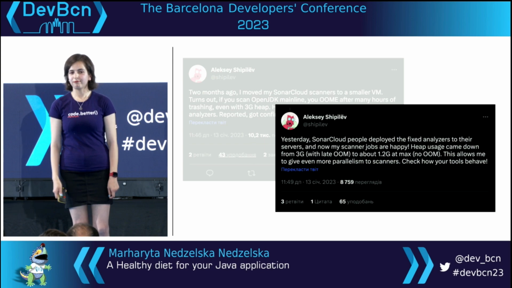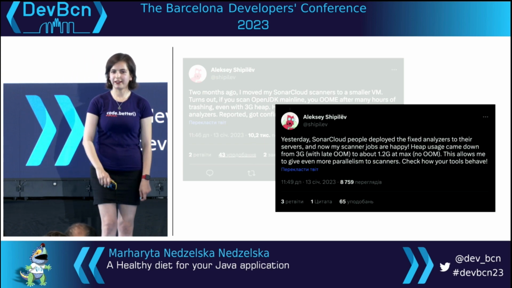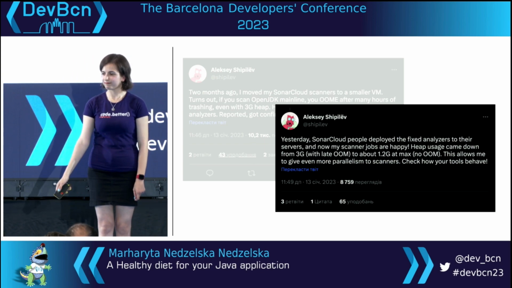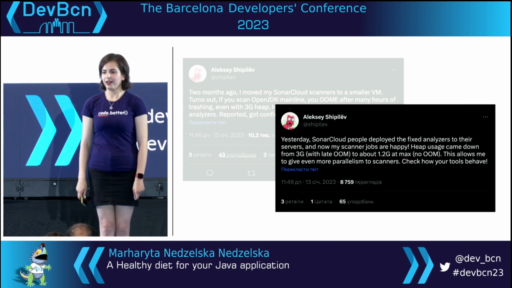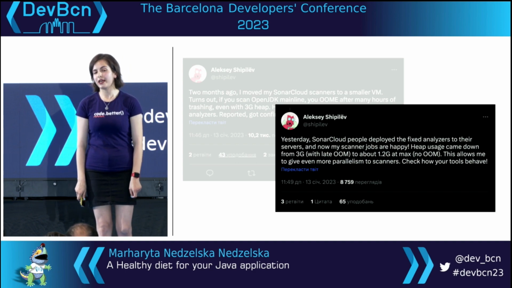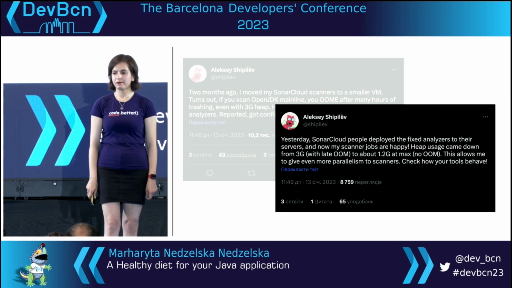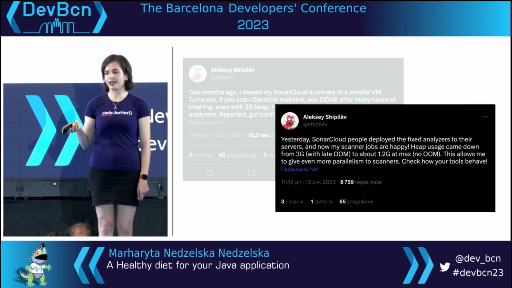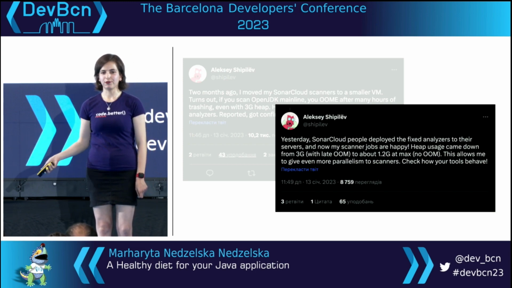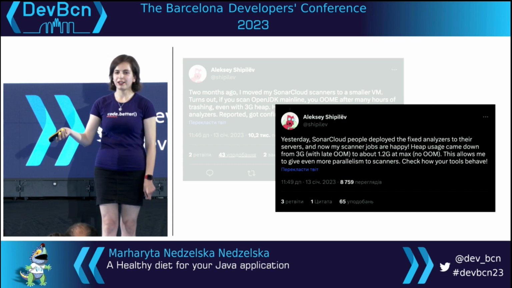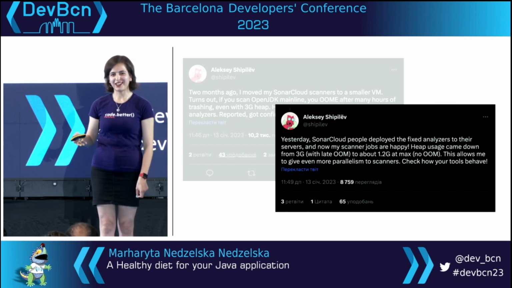And then we deployed the fixed version of Analyzer. And from not being able to use 3 GB of RAM, the analysis of OpenJDK went down to 1.2 GB at max, which is a great achievement. I expect some applause here.